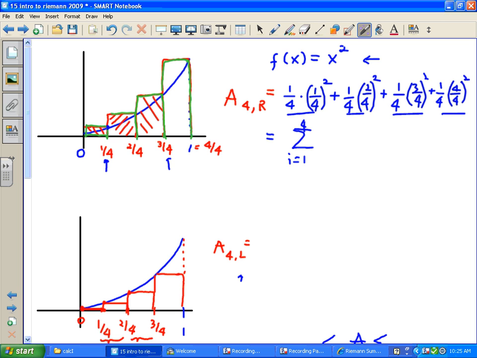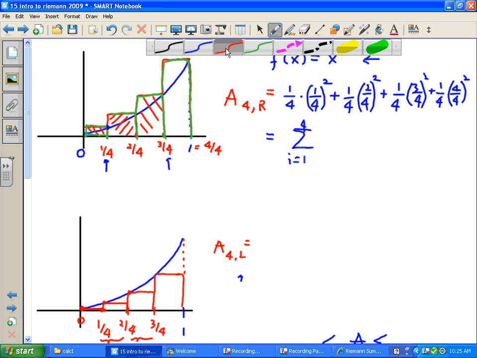The numerator under the parentheses, right? So that's your variable, that's your i. Everything else stays exactly the same because those are not changing. So this is how we can write it. 1/4 times, you tell me, what should I write under the parentheses?